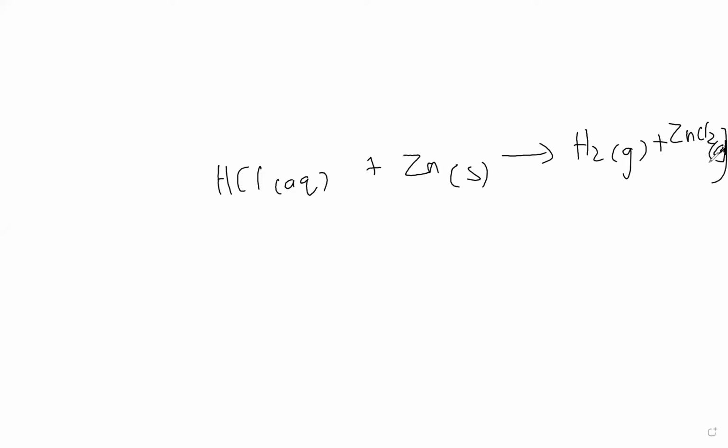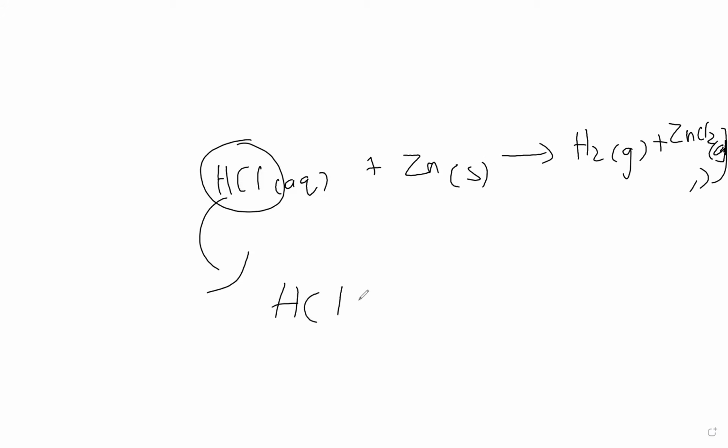Sorry, the last one is aqueous. Before I start, I want to let you know aqueous means that something is dissolved inside water, solid means it's present in the form of a solid, and you know what a gas is. So let's focus on this.